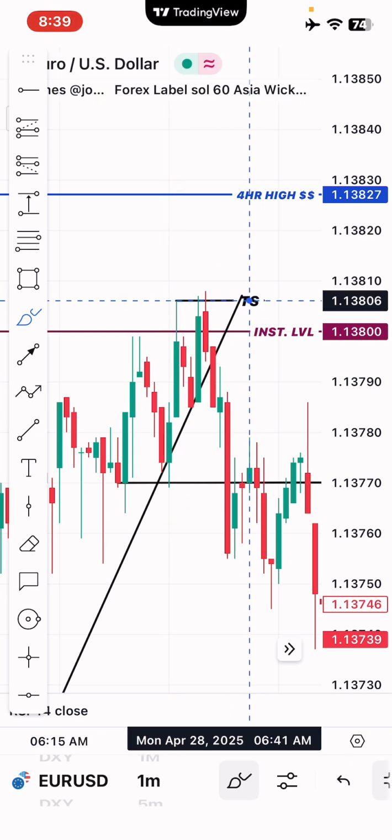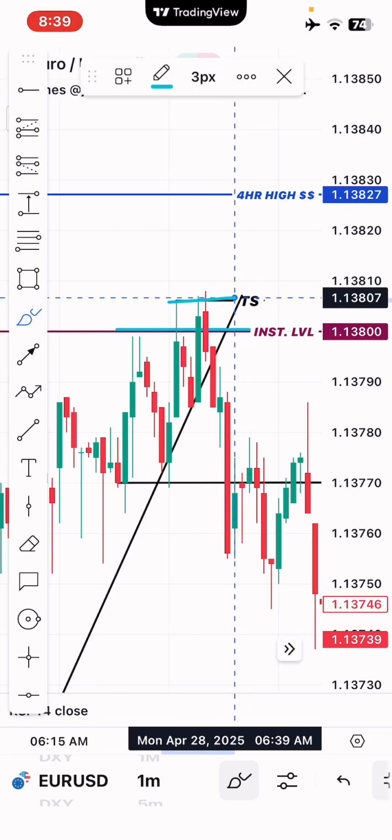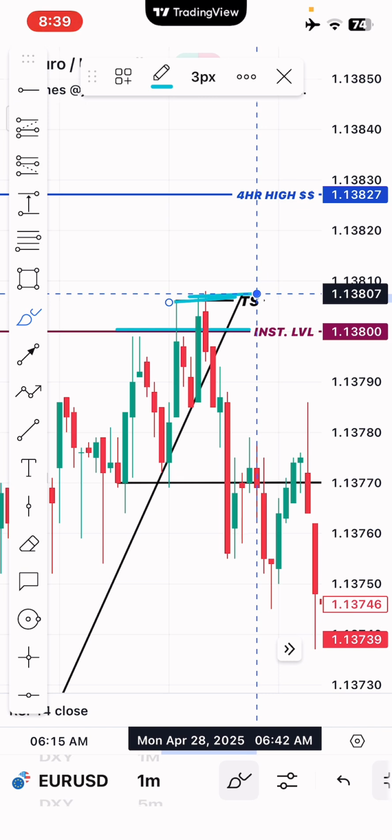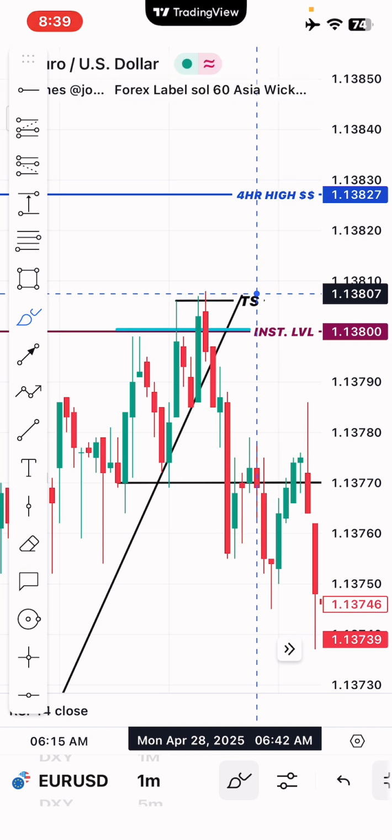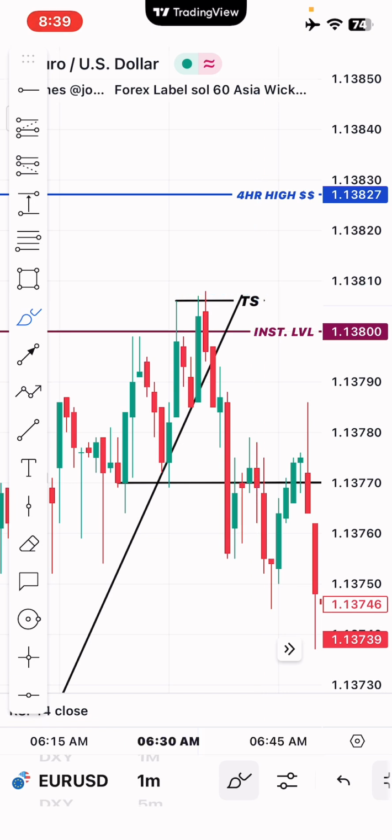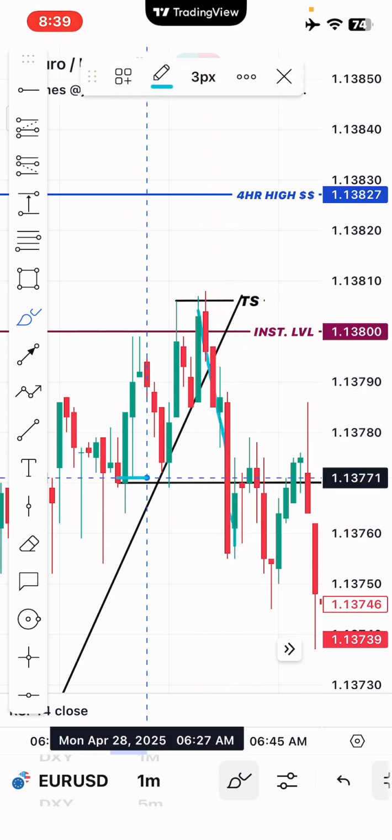A high probability trend line must have a liquidity sweep, and it must tap the trend line thrice. So always on a support level, there's a liquidity grab there, because price is always after liquidity. After grabbing liquidity, it broke the trend line and did a market structure shift here.